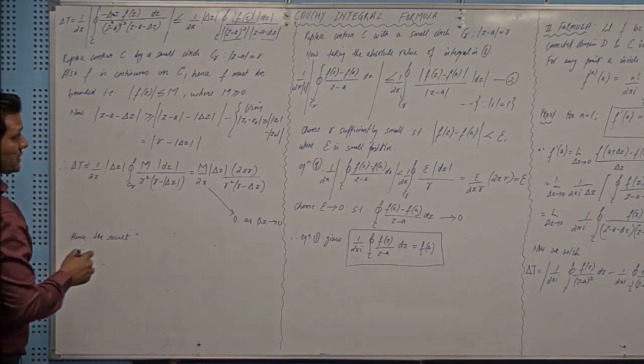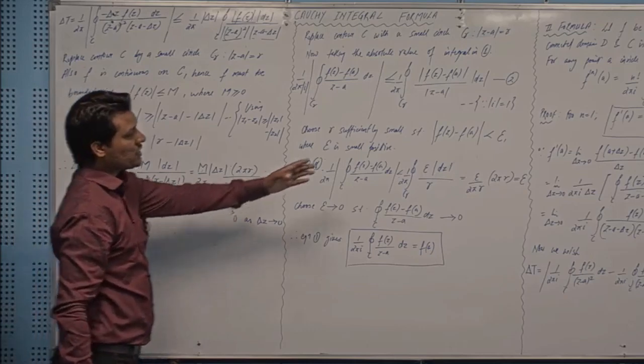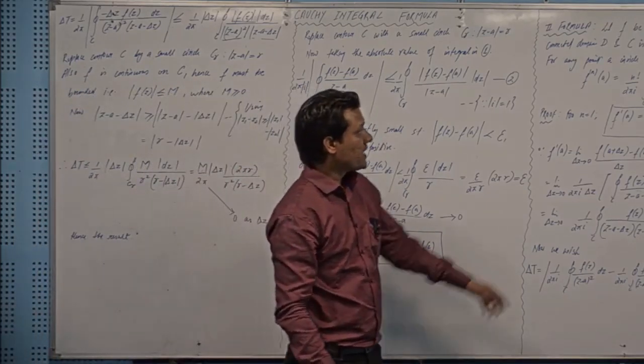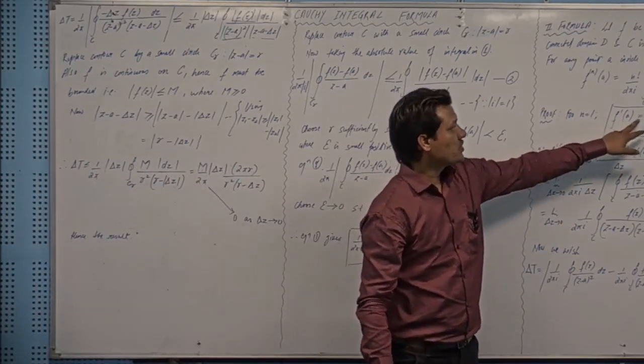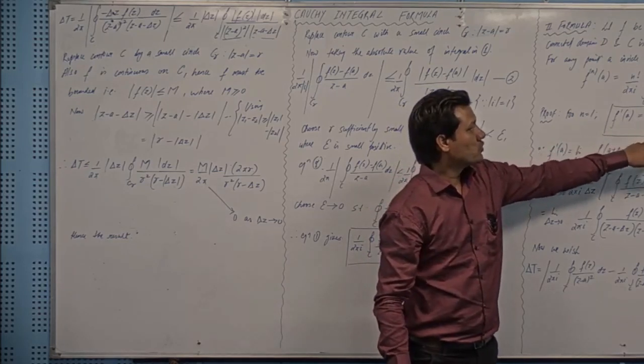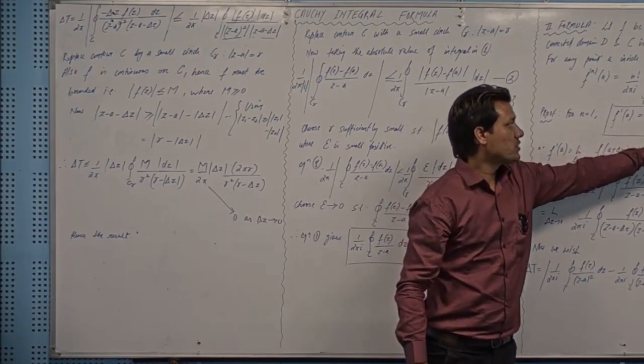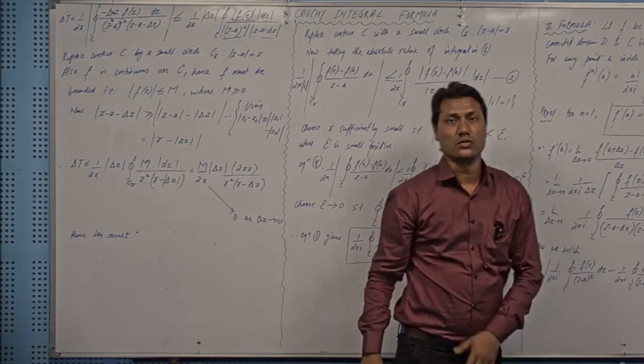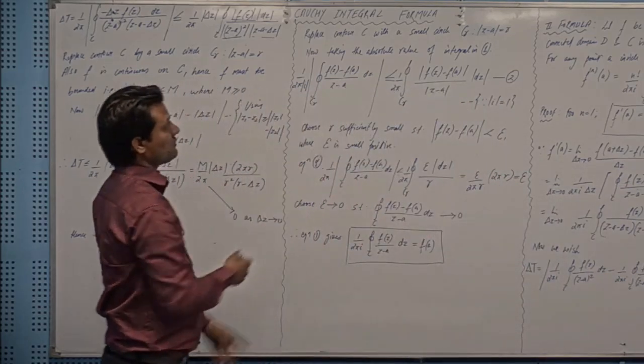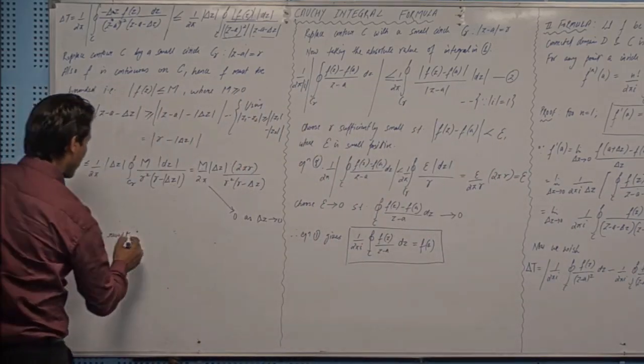And similarly, using the same argument again and again, we can prove that f double dash a is equal to 2 factorial over 2 pi i, integral of f(z) over z minus a whole cube dz, and so on.